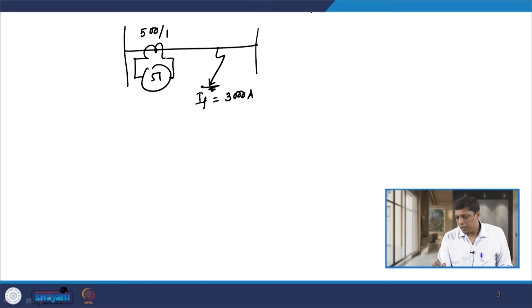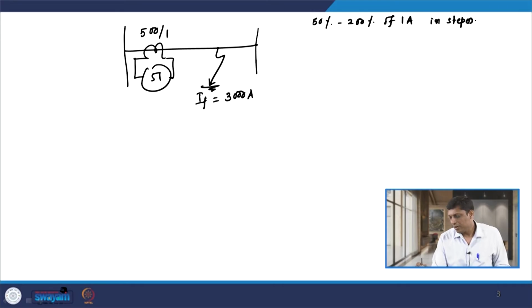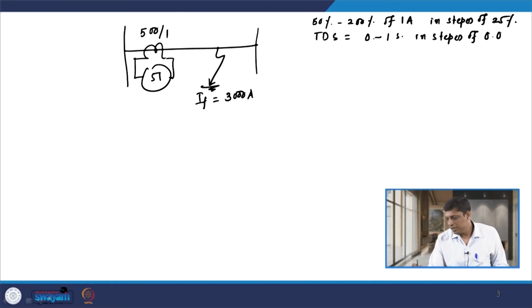For relay 51, the setting range is 50% to 200% of rated current, that is 1 ampere, in steps of 25%. The time dial setting range of this relay is 0 to 1 second in steps of 0.05 second. So, this is also given.